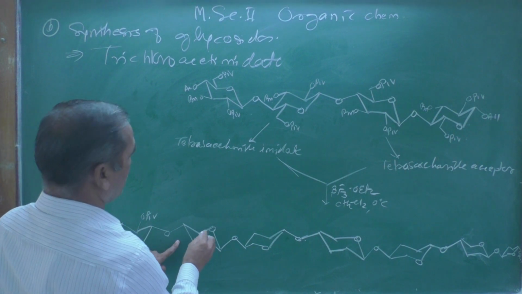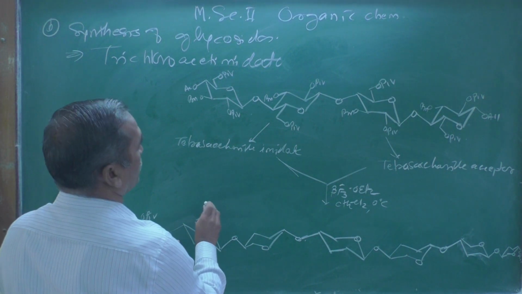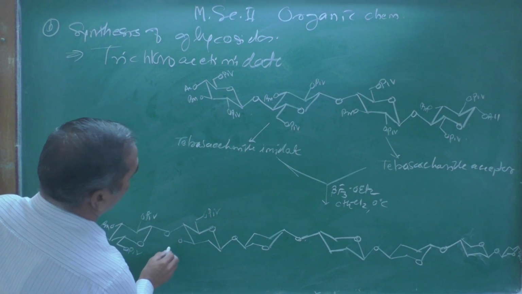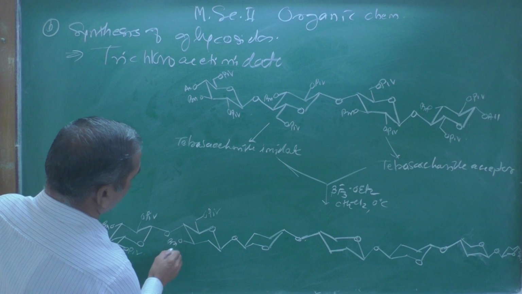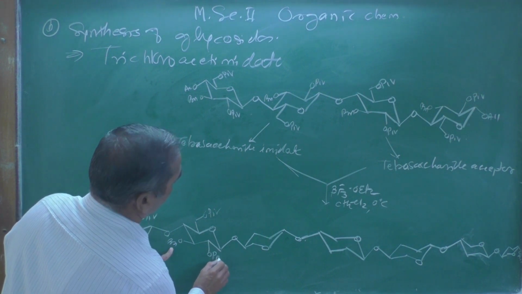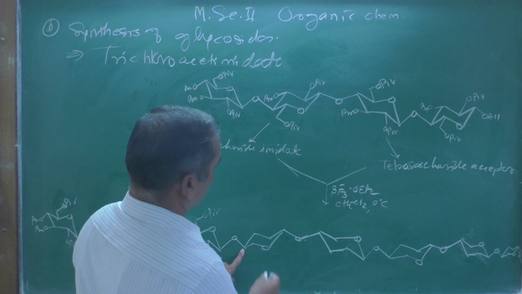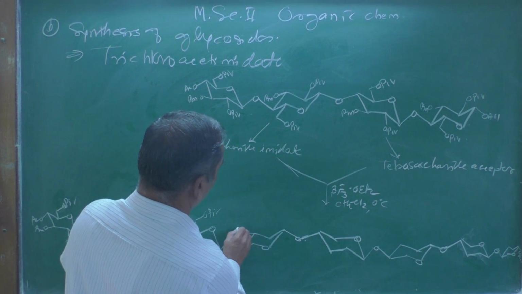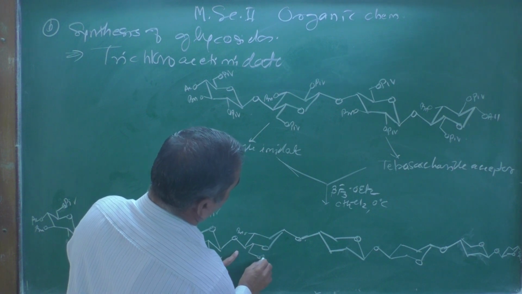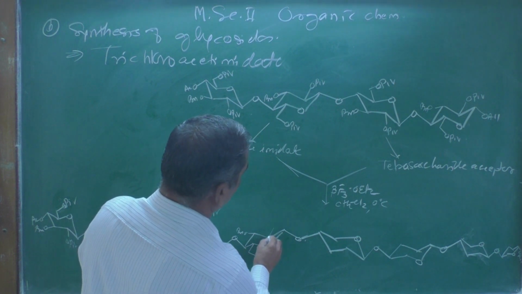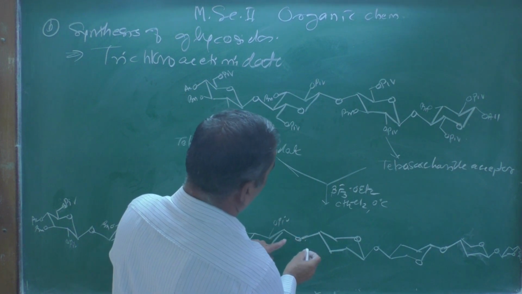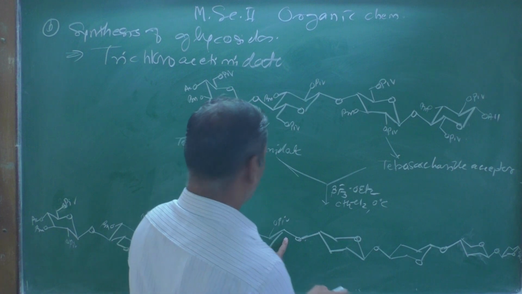Then here the third one, you can write OPiv. Here equatorial position BnO, here again OPiv. At this position again OBn, and here OPiv, and here OPiv, and that is there.